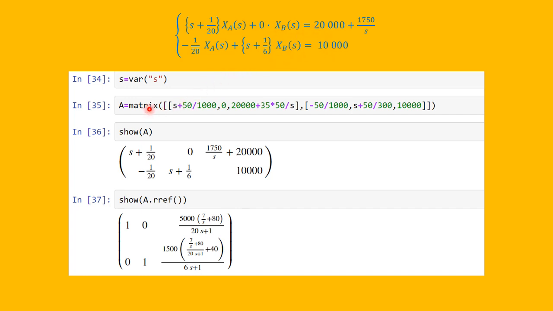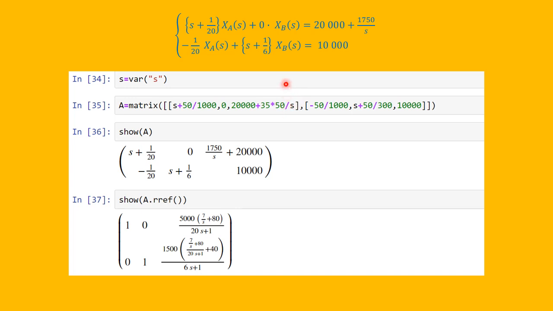So A will be the matrix, and for this first equation we have S plus 50 over 1,000 for the first coefficient, 0 for the second coefficient, and then on the right hand side 20,000 plus 35 times 50, that's the 1750 we have up here, divided by S.